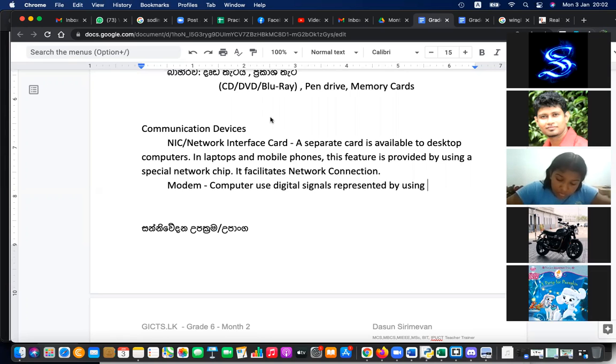Computers use digital signals represented by using ones and zeros.